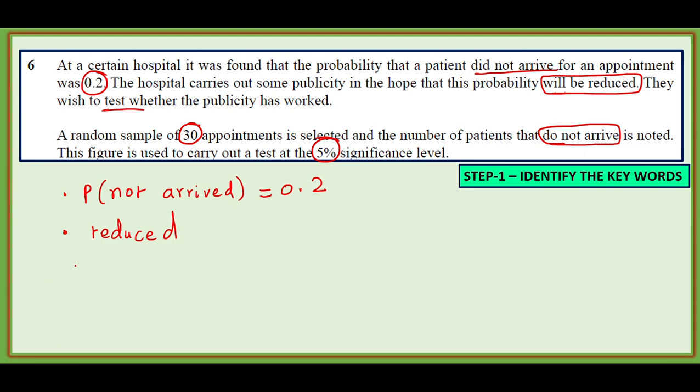And we have to test the experiment at 5% significant level. They have the sample size, which is 30. They are noting down the number of patients who do not arrive. This is the first step. We have to identify the keywords. These keywords will help us to answer the questions.